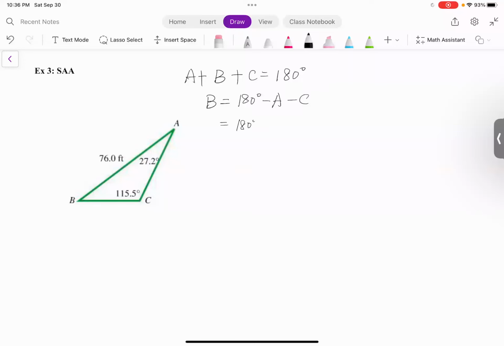So do some subtraction. 180 degrees minus 27.2 degrees minus 115.5 degrees. So let's do the computation by using the calculator. So this one is 37.3 degrees.